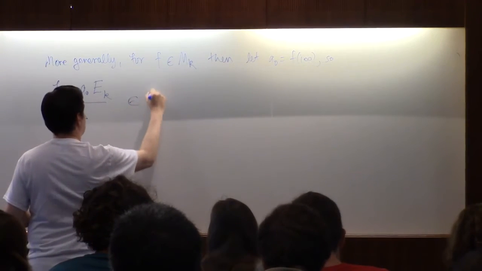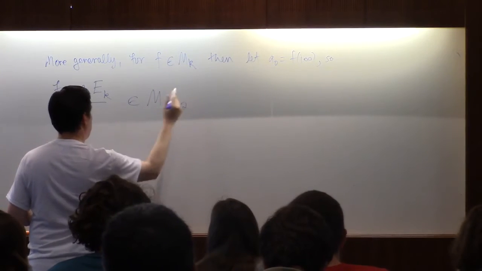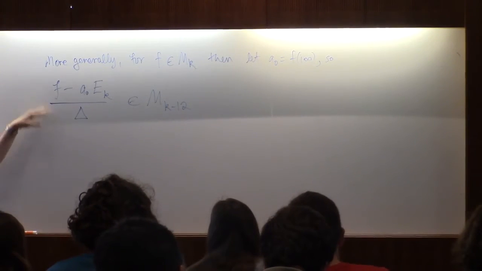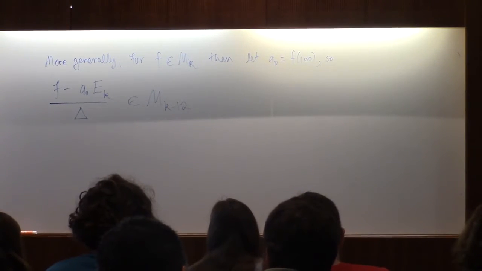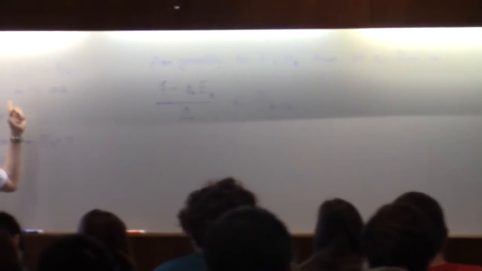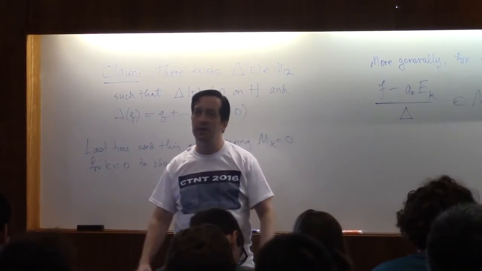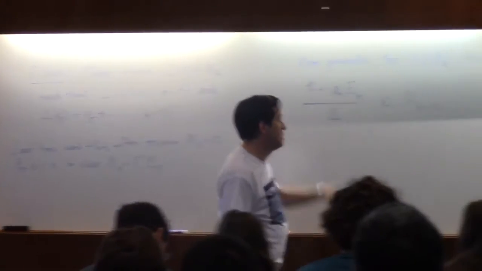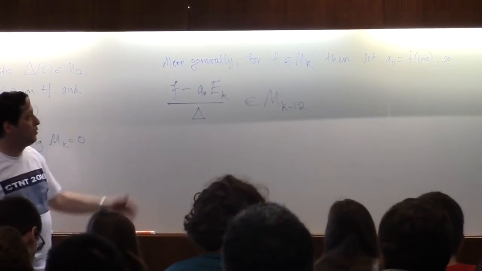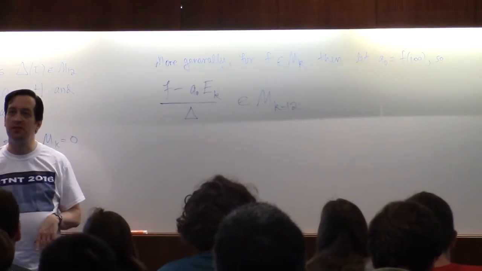And this quotient is a modular form of weight K minus 12. It satisfies modularity for weight K minus 12, that's easy. And it's holomorphic on the upper half plane because delta doesn't vanish anywhere, and even at infinity, it's finite. So this is a modular form, and now we see we have an inductive process in place.